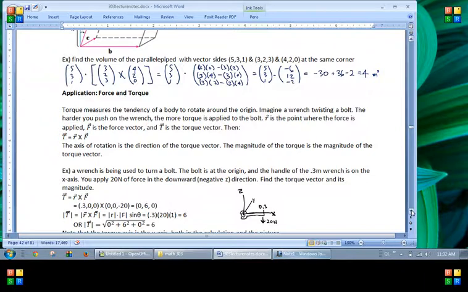And sine theta, theta is the angle between them. But we know that the r vector is in this direction, and the force vector is in this direction. They're perpendicular. So the angle is pi over 2, and sine of that is 1. So you work that out, and you get 6.